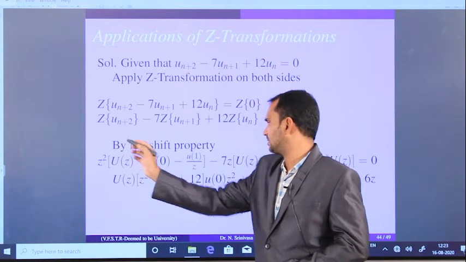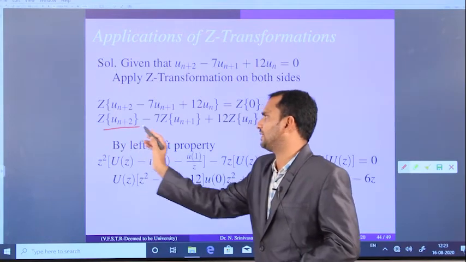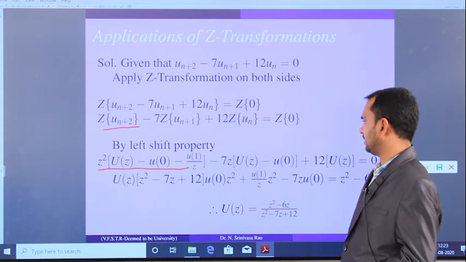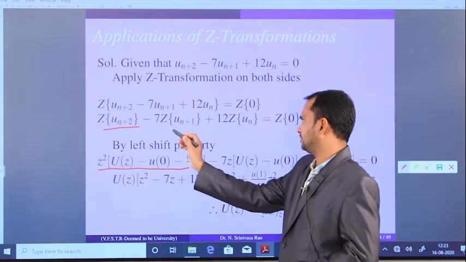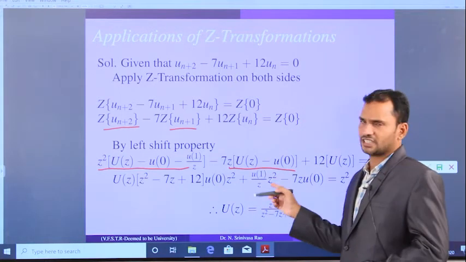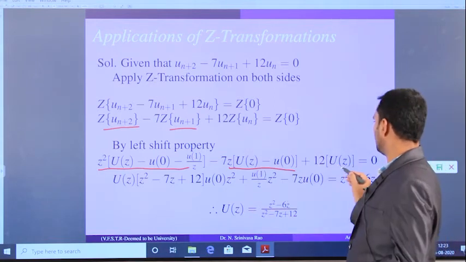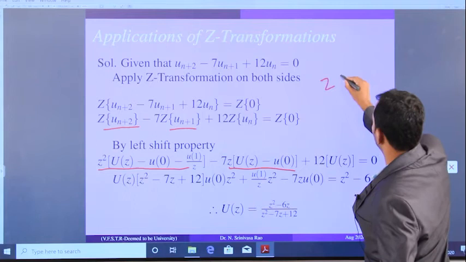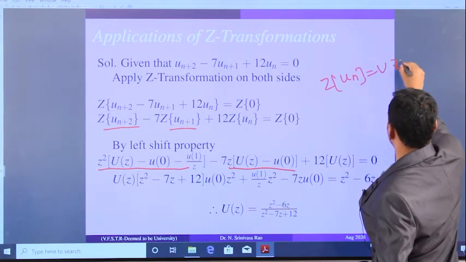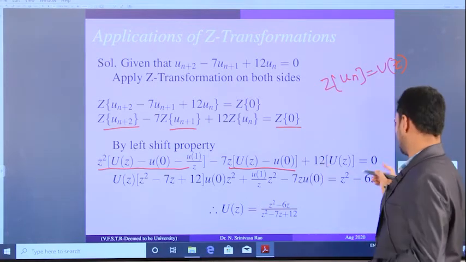Z of u_{n+2} is z squared U(z) - z squared u0 - z u1, then minus 7 times the Z of u_{n+1} formula, which is z U(z) - z u0, plus 12 times Z of u_n. Generally we denote Z of u_n as U(z), and this equals Z of 0, which is 0.